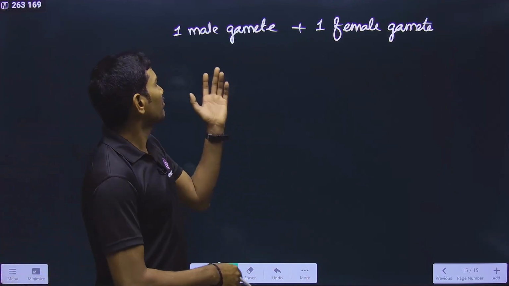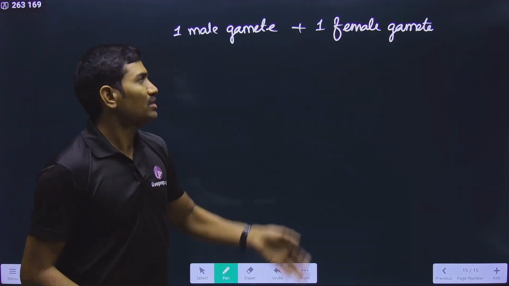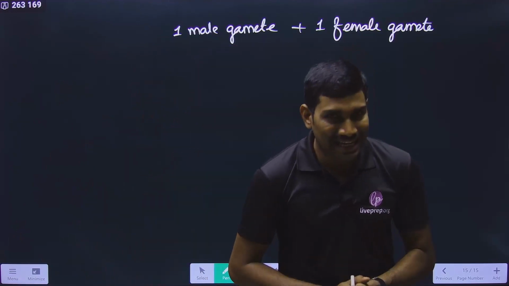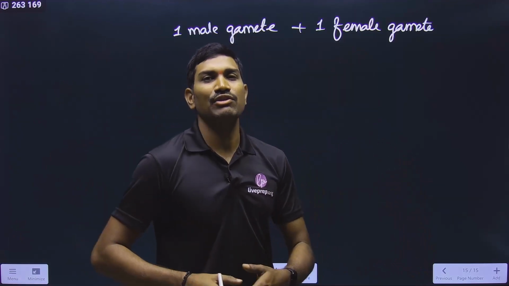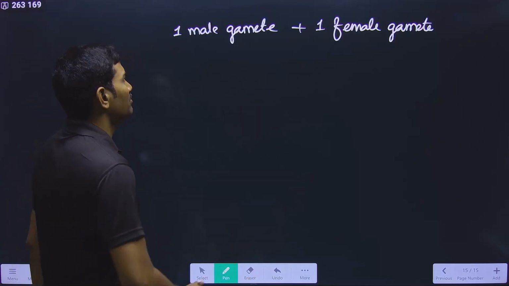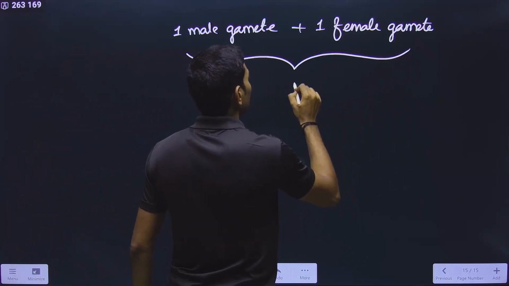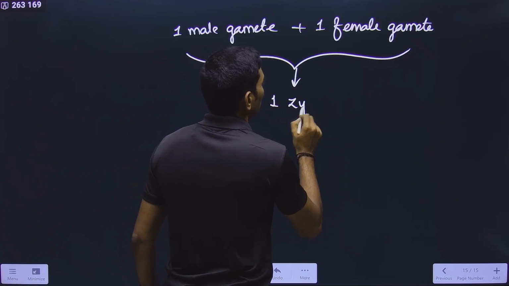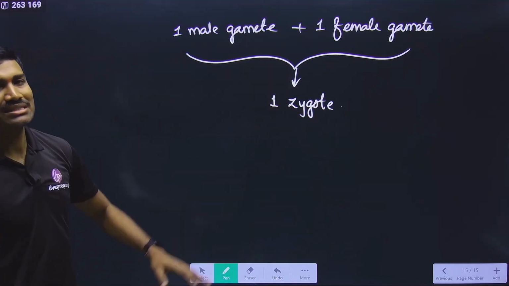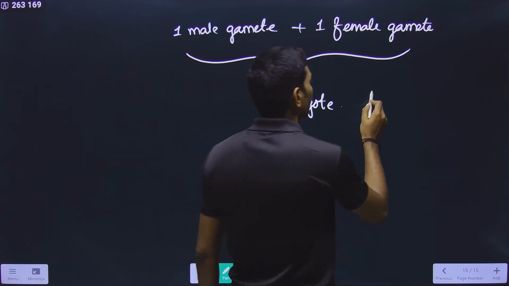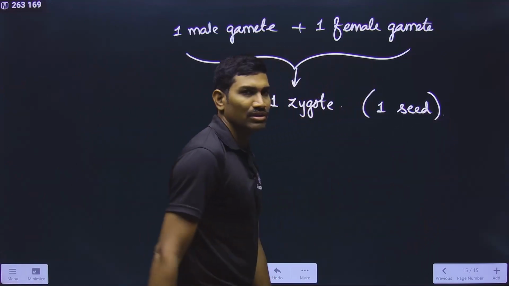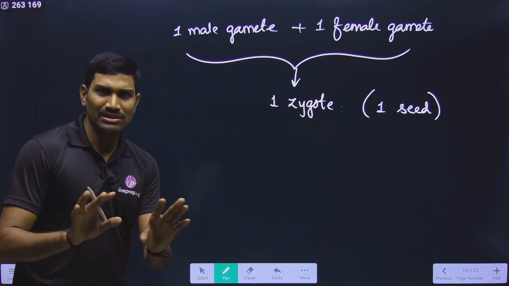For male gamete, you can use the term sperm. For female gamete, in the case of plants, generally we use the term egg, and in the case of animals, generally the term ovum. Anything you can use, I am simply saying the basic concept. So these two combined will form one zygote. In the case of animals we simply say zygote, and in the case of plants, you say one seed. This is what generally they ask in some questions.